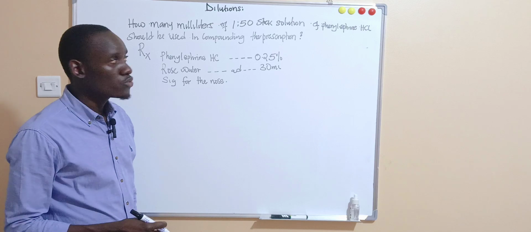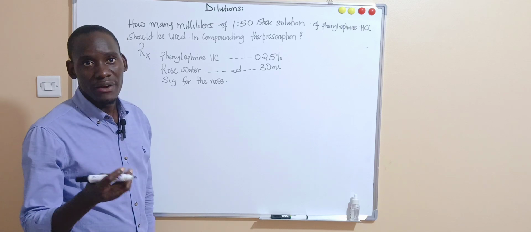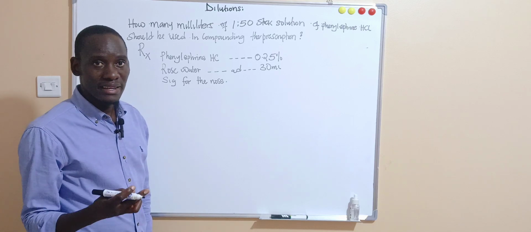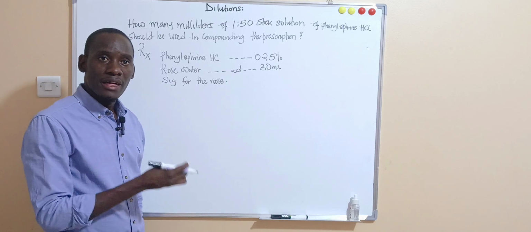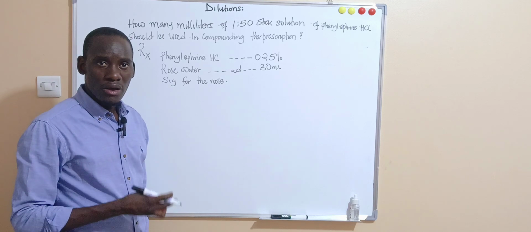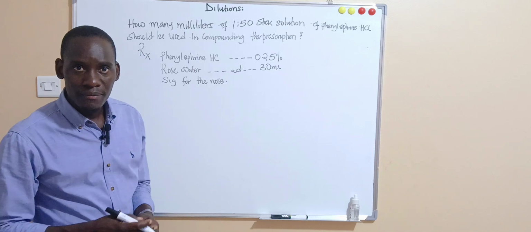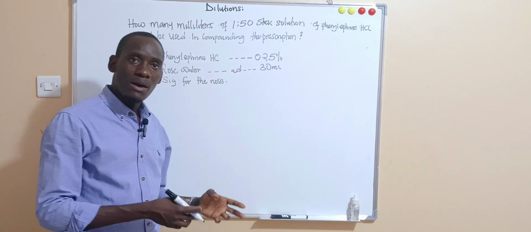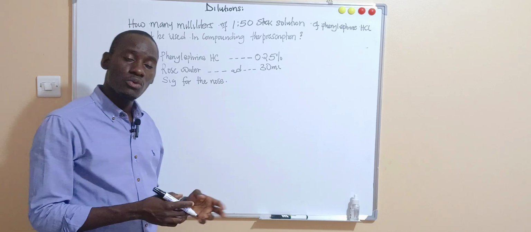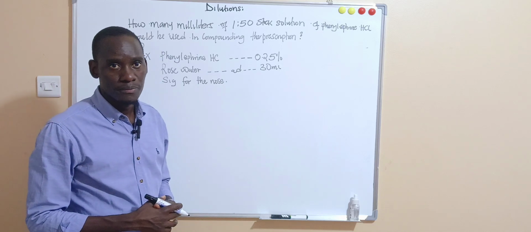The first thing we need to do is to know what we are required, and secondly, to identify the variables. Which one is our V1? Which one is our V2? Which one is our concentration 1? And which one is our concentration 2?